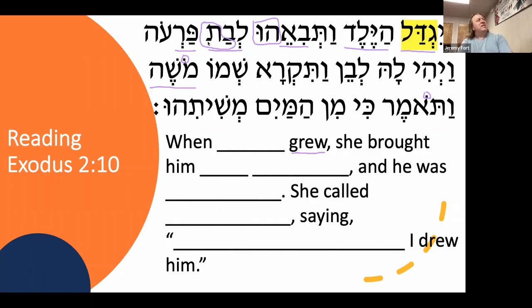So you recognize that ending and you know it's the daughter of Paro. Those endings, I cannot stress to you how important these suffixes are. So when the child grew, she brought him to the daughter of Paro.